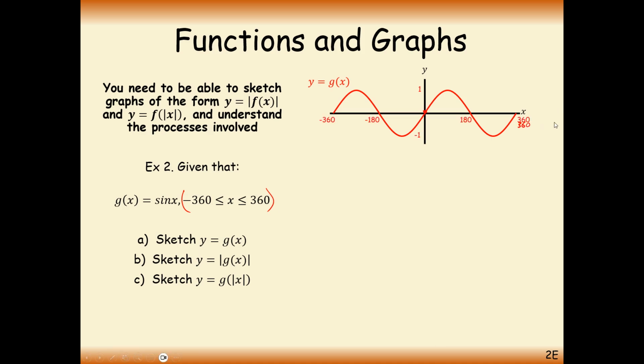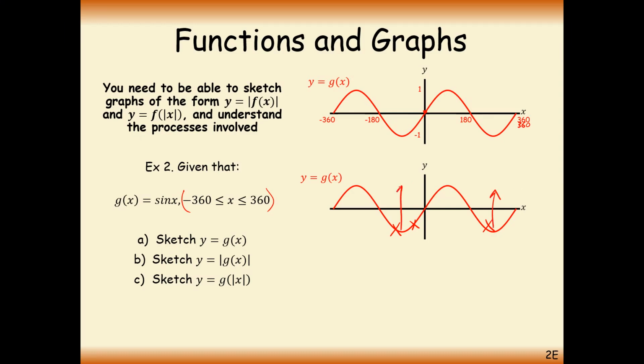Then for part B, the y values that are negative will have to turn into positive. So this part of the graph where it's below the x-axis has to be wiped off, and its reflection above the x-axis will have to be drawn. So this part will simply reflect up, and then you have to rub it off.